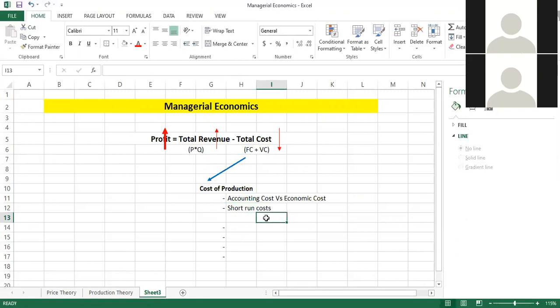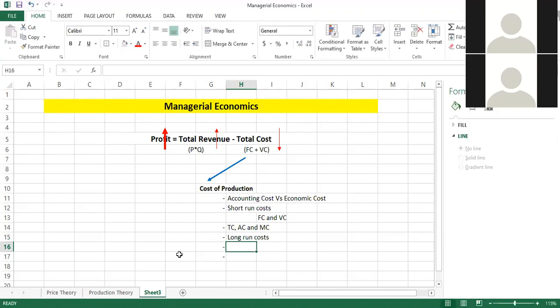Therefore, in the short run we need to talk about fixed cost and variable cost. In addition, when we analyze cost we need to discuss several cost concepts: total cost, average cost and marginal cost. These concepts apply not only to the short run, and we need to analyze the long run as well.